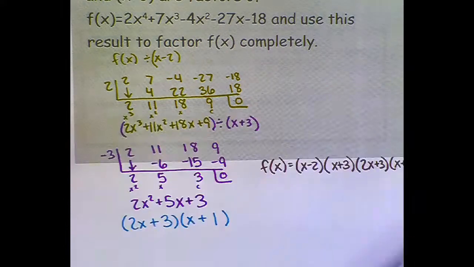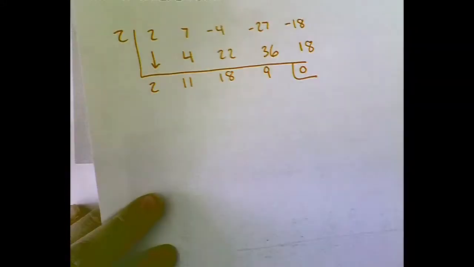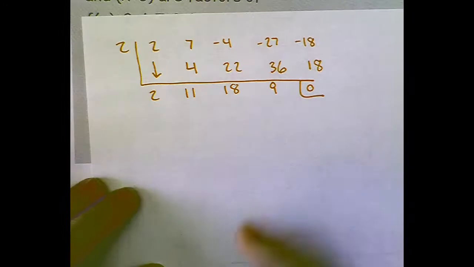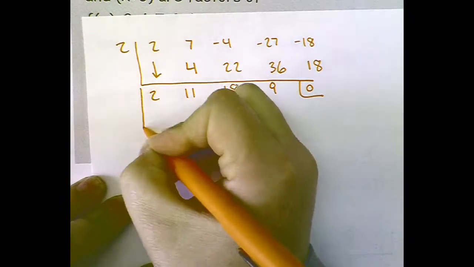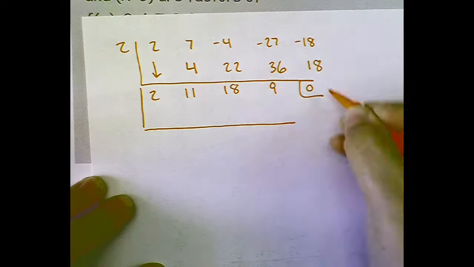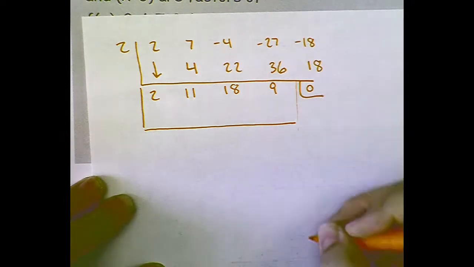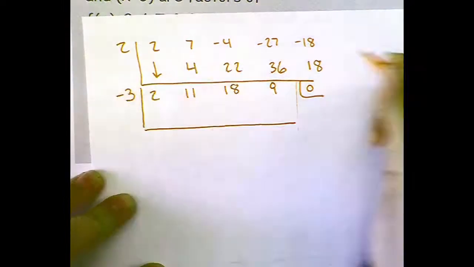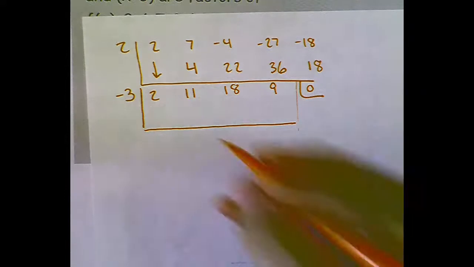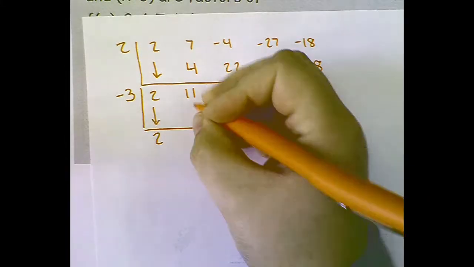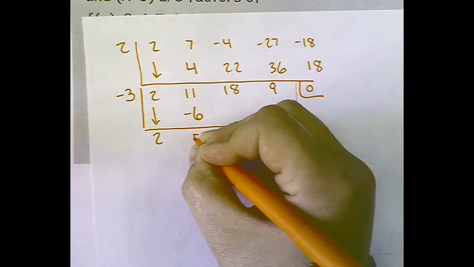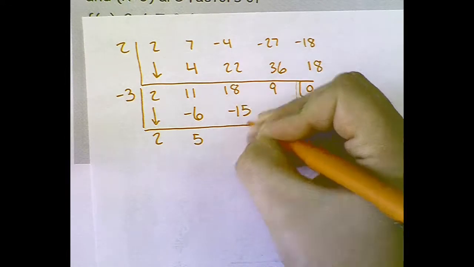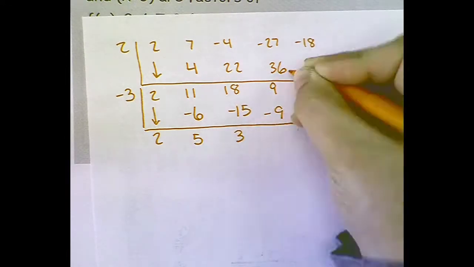And then we wanted to divide by negative 3. So I can take where I'm at right here and just create another division, ignore the remainder part, and do negative 3. Bring down the 2, multiply, add, multiply, add, multiply, add.